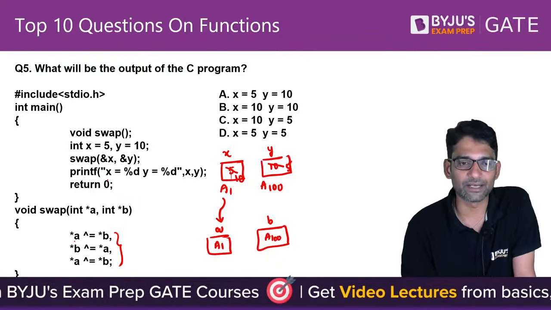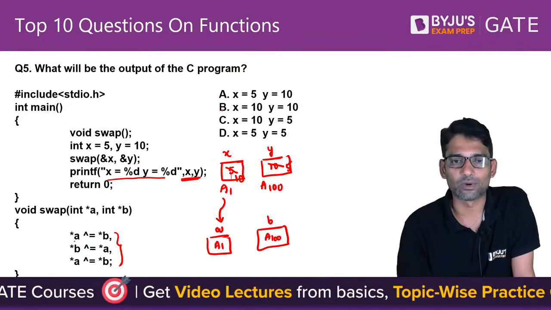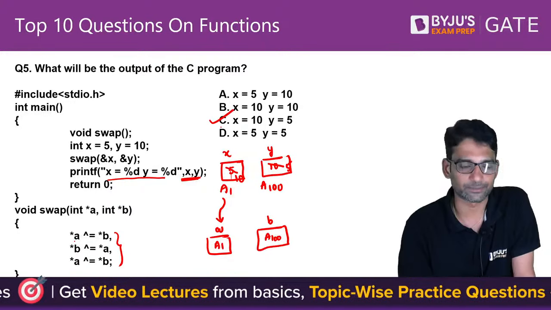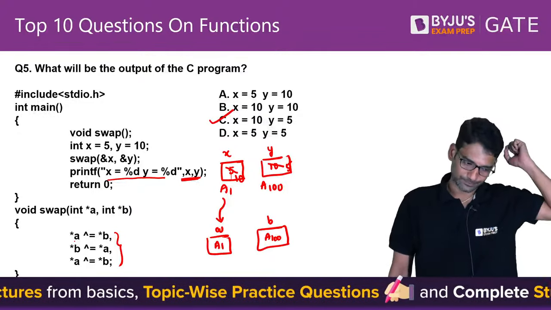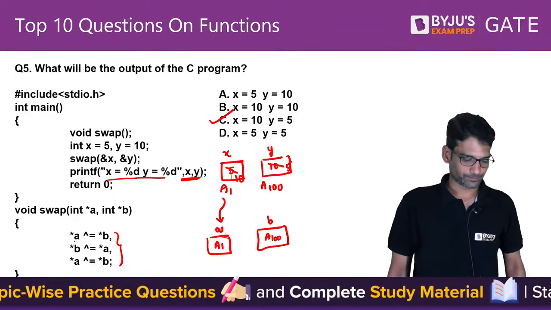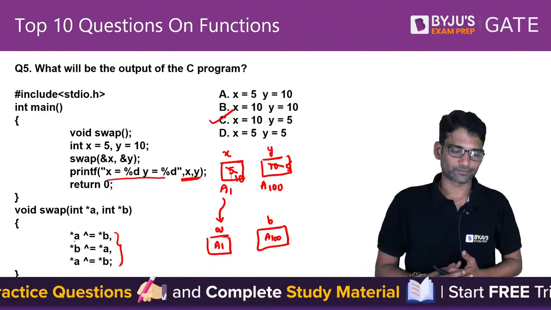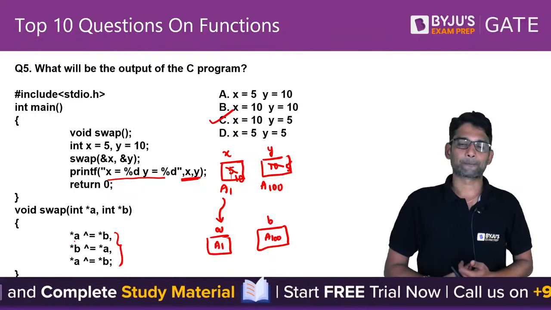And we are printing x comma y, hence x is equal to 10, y equal to 5 gets printed. Option C will be the right answer for this question. Got it?